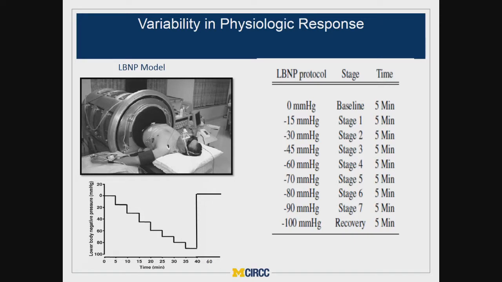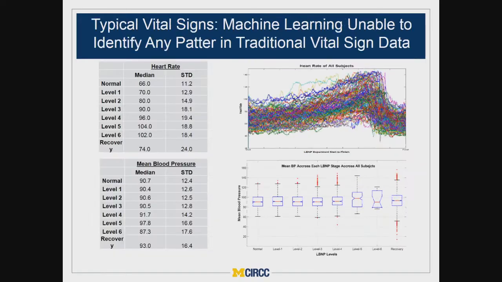Somehow they recruit volunteers to go into this machine, and they apply negative pressure at 5-minute intervals until they basically faint. So it's pulling blood out of your upper body until your brain can't function anymore, and then they let it go, and that sort of mimics a real-time resuscitation. It's all IRB approved, they tell me.